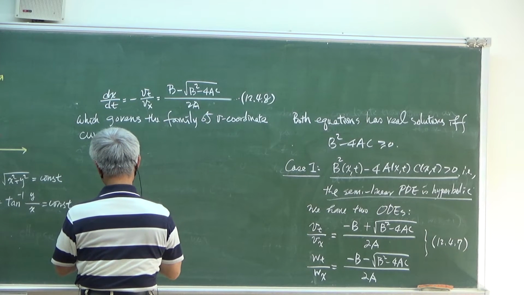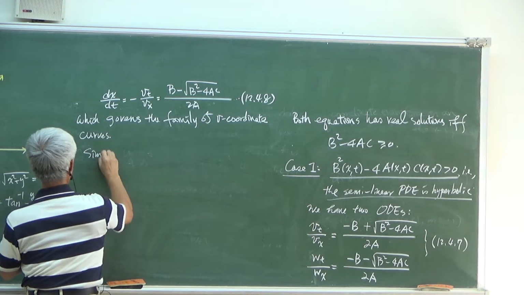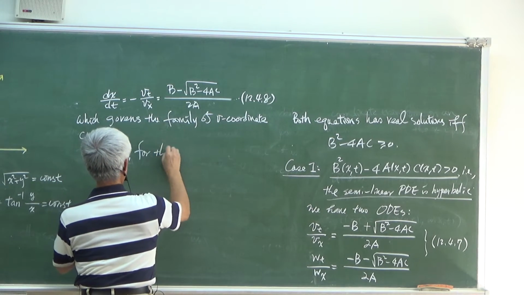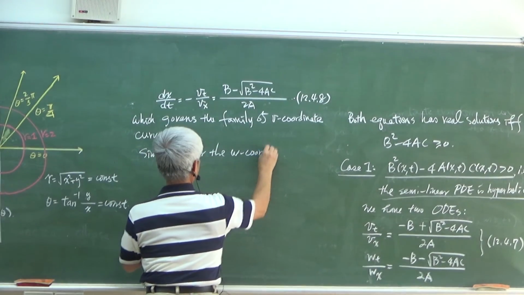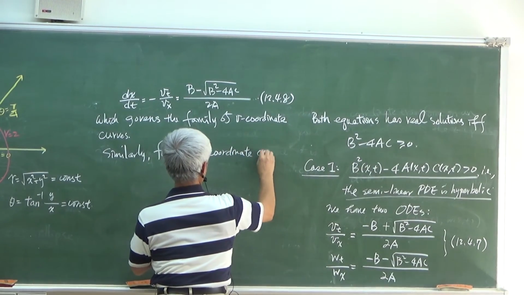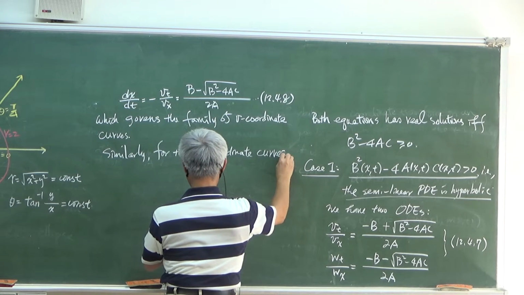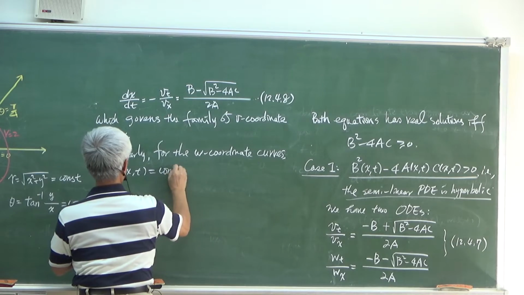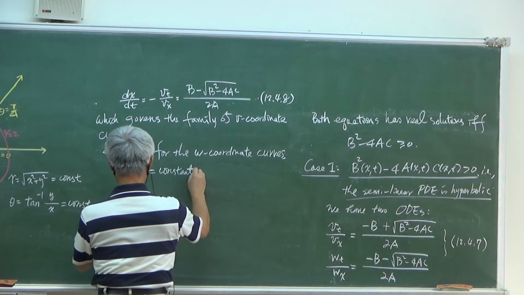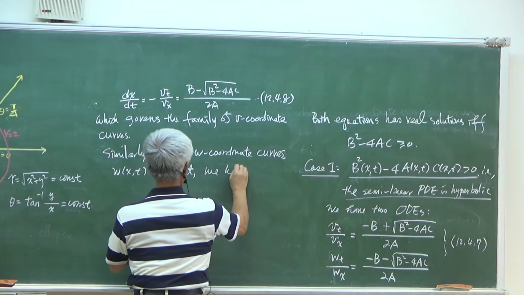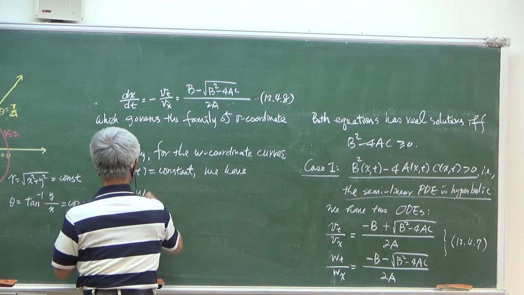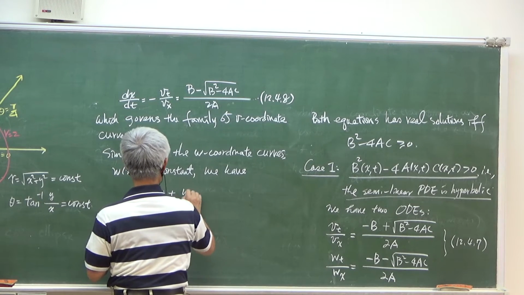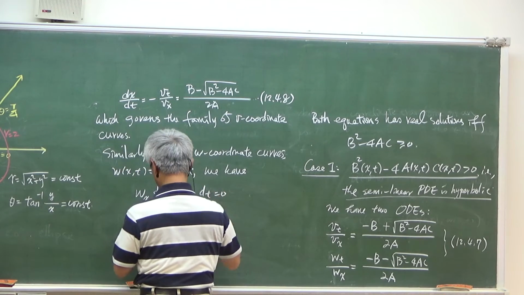Okay, so similarly, for the W coordinate curve, we have W(x,t) equal to constant. We have again W sub x times dx plus W sub t dt equal to 0.